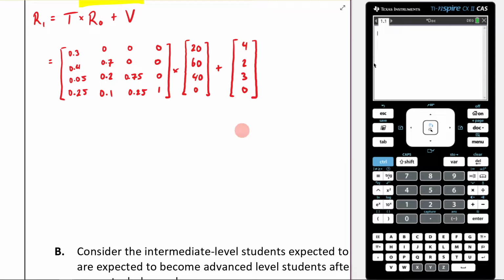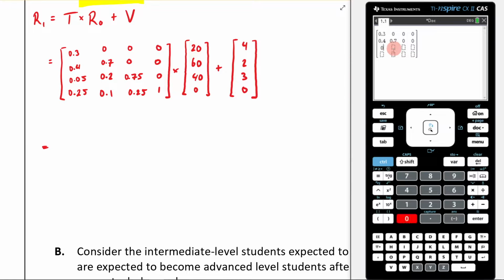All right. So now I want to type that into my CAS. We'll see how we go. So we come here and we've got this one. This is a 4x4 matrix. So we come up here, 4x4, perfect. And I'm going to go 0.3, 0, 0, 0. Then we go to the next one. We go 0.4, 0.7, 0, 0. Then we go to the next one.